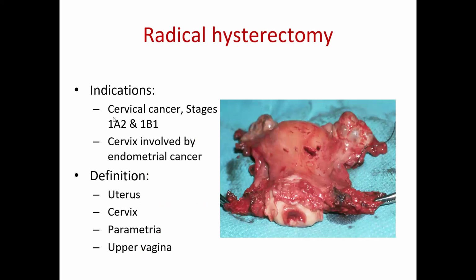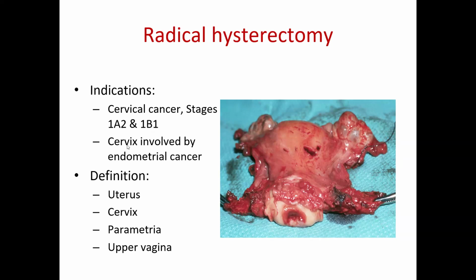They do it for cervical cancer that is all the way up to stage 1A2 or even 1B1. After this, in stage 1B2 or higher, they typically don't do radical hysterectomy anymore. They usually send the patient to chemoradiation first and then may consider her for radical hysterectomy later.